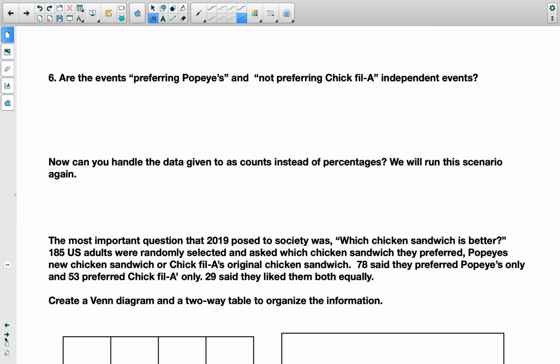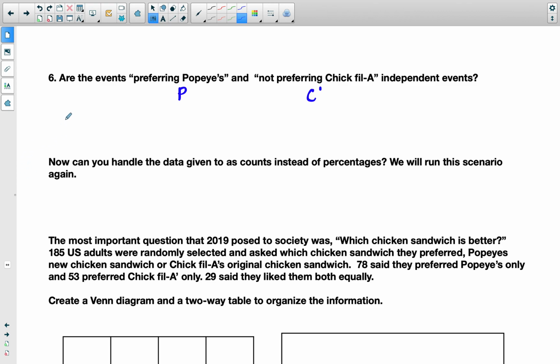Now, I jumped ahead a little bit. I was getting into the next question already. Are the events preferring Popeyes, so that would be event P, and not preferring Chick-fil-A, that would be C prime, independent? Now, a lot of students just want to say yes or no, but they don't mathematically back that answer up. So we can.